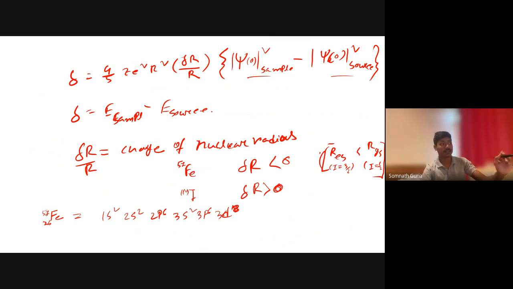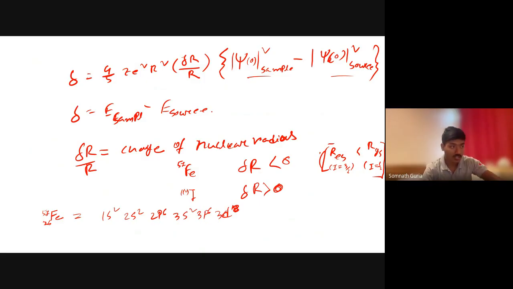That is, the delta E value, the energy of the sample, is different from the source. So we move the source so that it can match the energy required for my sample's resonance, and then we get a different spectrum with respect to the Doppler effect. Next day onwards we'll discuss that, so we'll stop over here.